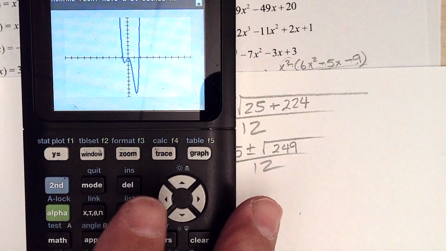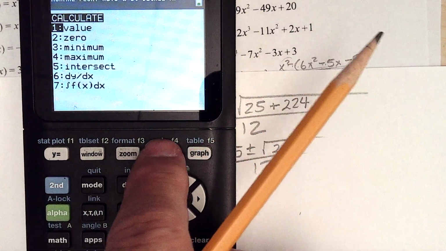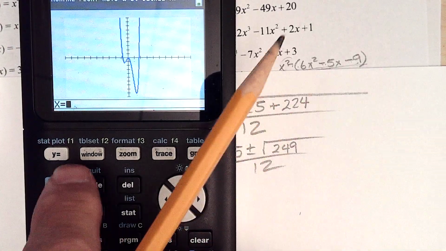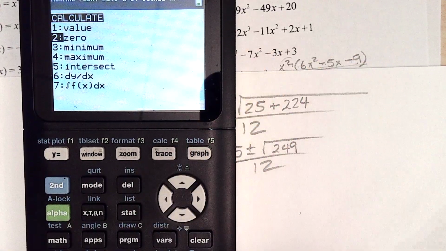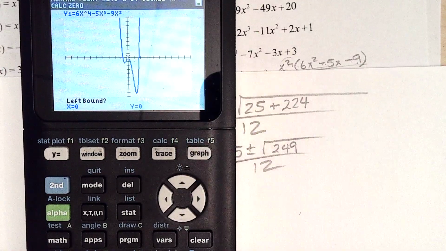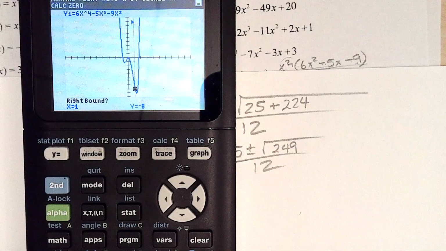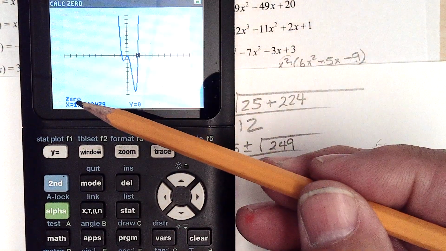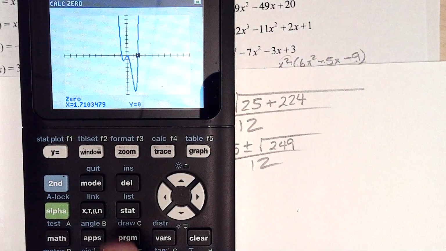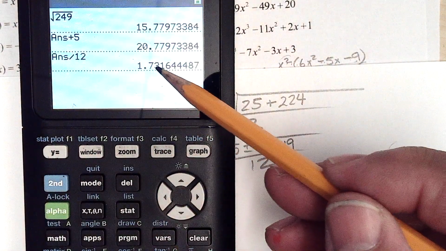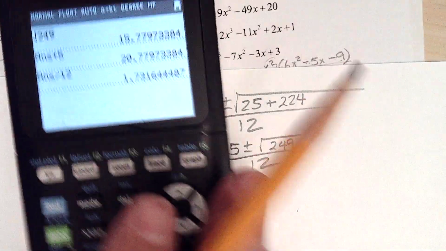Second, on my calculator, I go second, calculate, the 0. Second, calculate the 0 that's between 1 and 3. 1, enter, 3, enter. It's about 2, and it says it's 1.710. What did I have before? 1.7316, so close.